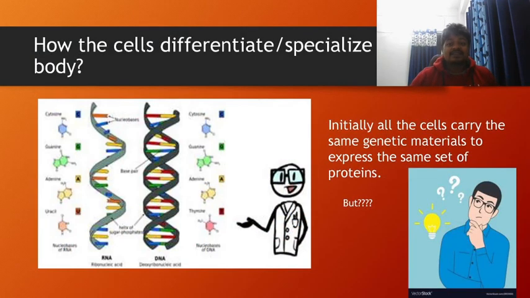So one thing is that I have talked about differentiation very largely. I have used this term very largely, right? So in this case, we need to know how this differentiation, or this specialization, actually occurs. This is very crucial.